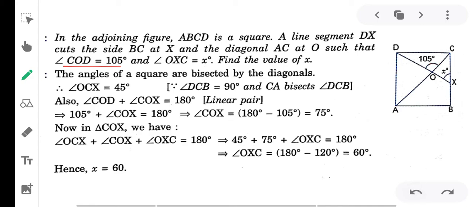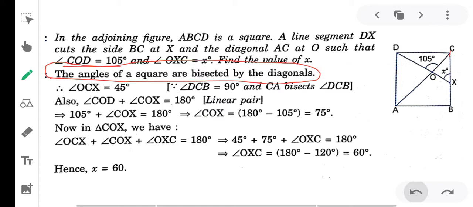Then find the value of x. Remember that the angles of a square are bisected by the diagonals. This is a square ABCD and AC is a diagonal, so this diagonal bisects angle A and angle C. You have to remember this one.